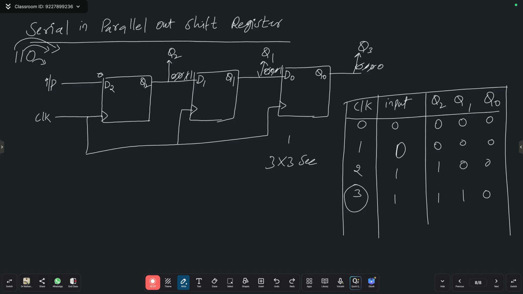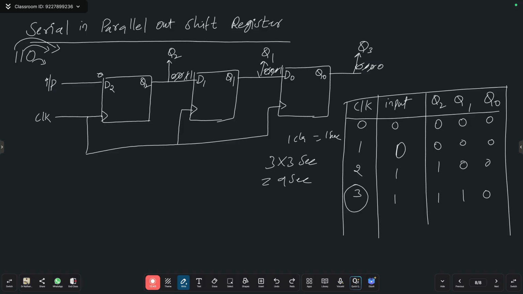Means 1 clock is 1 second, so for 3 clocks, that is 3 into 3 seconds. Total 9 seconds are required.